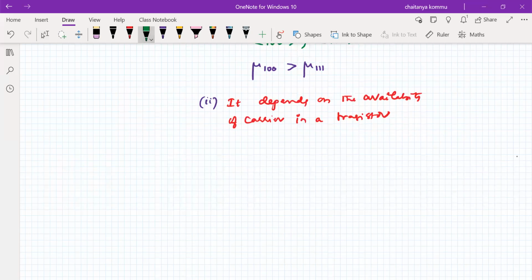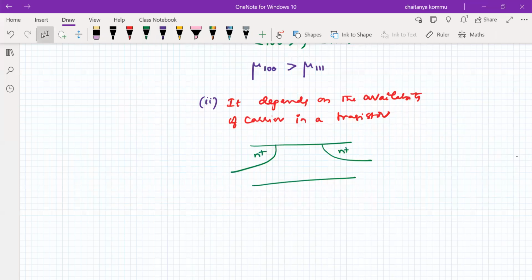For example, consider a transistor here. We have a source and a drain, n plus, and a P substrate. We have an oxide on top of it and a polysilicon gate.